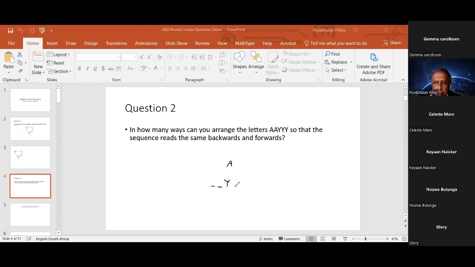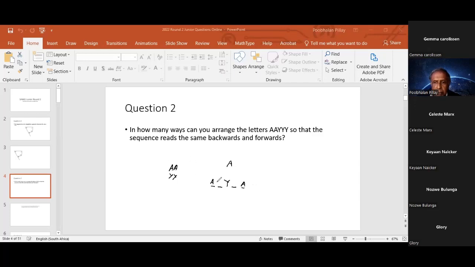And so you've got those, and the other letters will have to be AA and YY. You have to place them somewhere. All right, so where do we want to place the A? We can place the A right in the beginning, in which case the A will have to go in the end because you're reading it backwards and forwards.